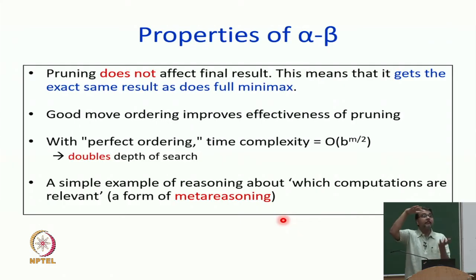So, if I give you a minute and you were able to search till depth 4, because your complexity was b to the m, with good pruning, if you can get to b to the m by 2, that means you can effectively search till depth 8, and that is a big deal.